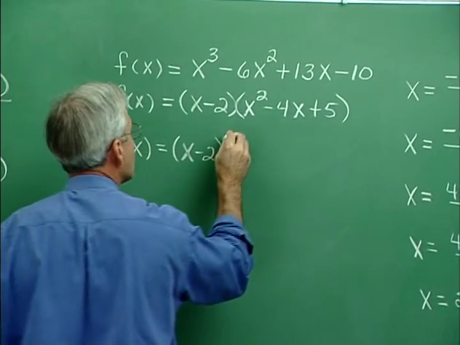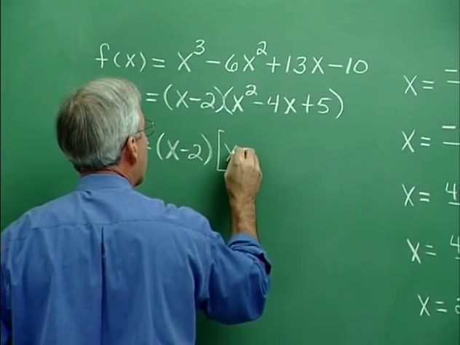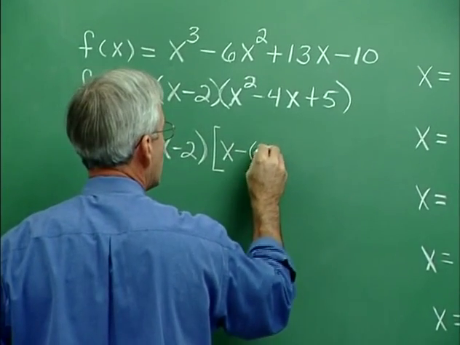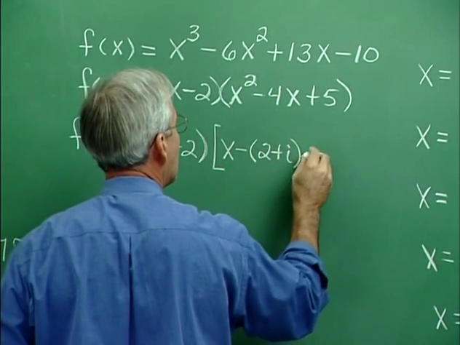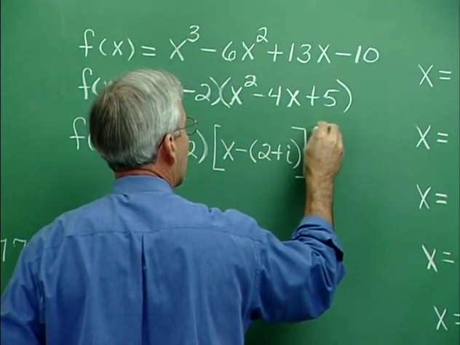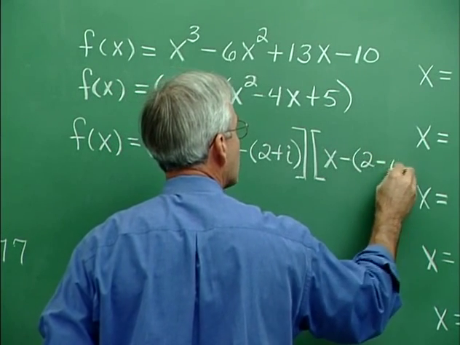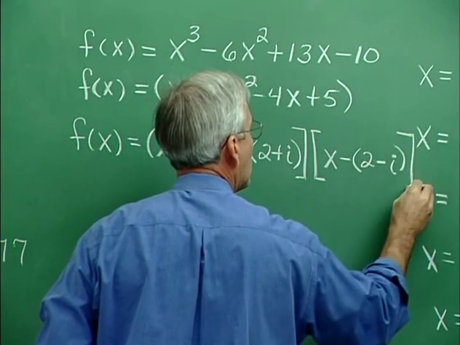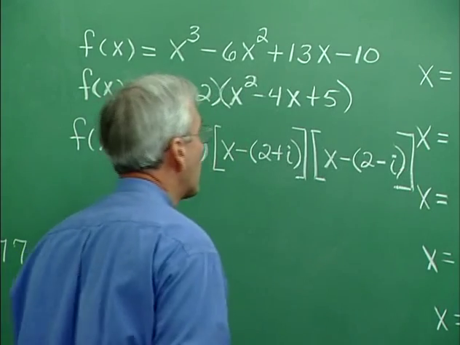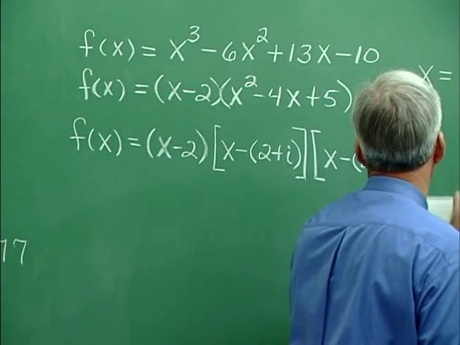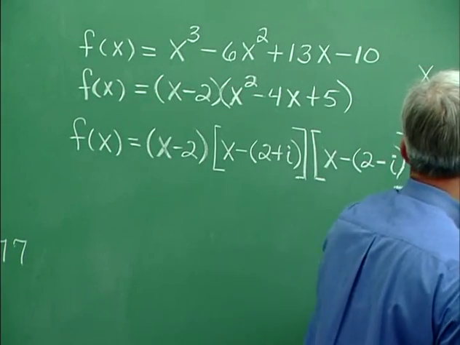Now, for the other zeros, it is x minus 2 plus i, x minus 2 minus i. Kind of getting jammed with this other problem here. Let me erase this. So that's the idea.